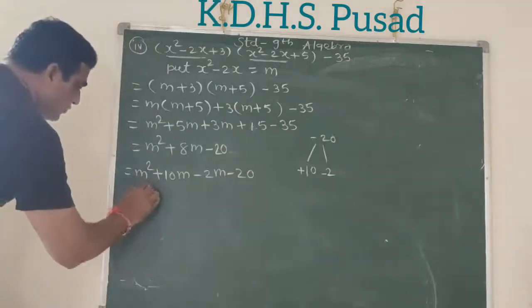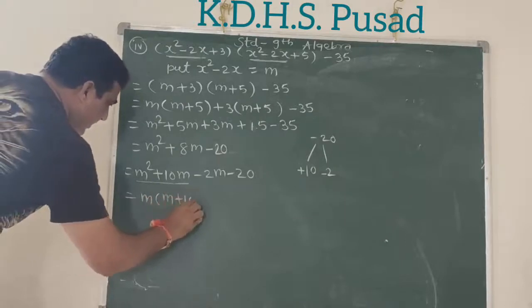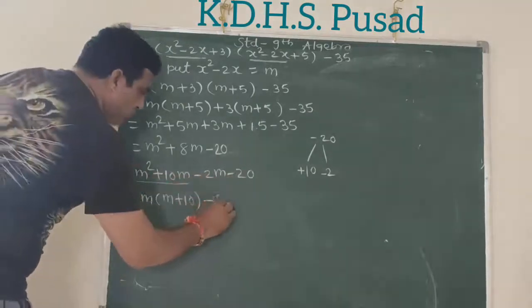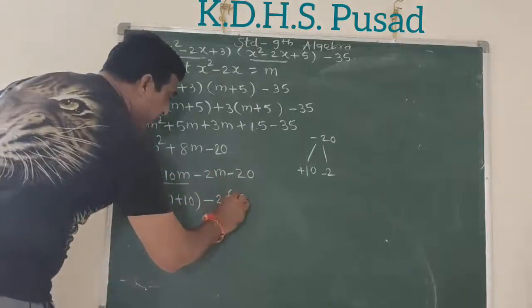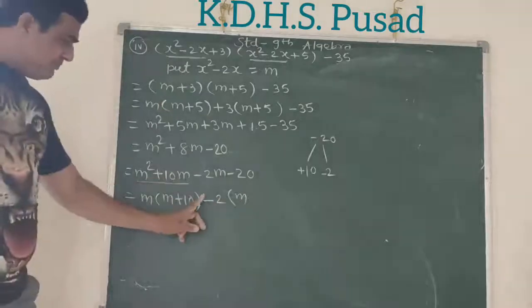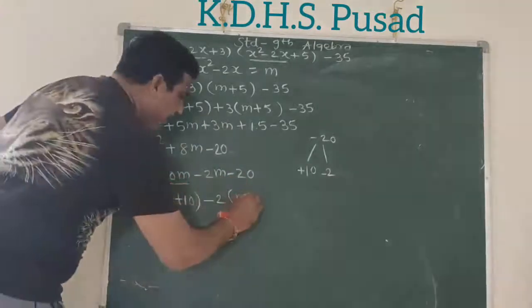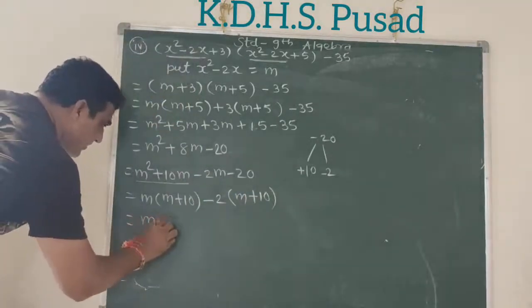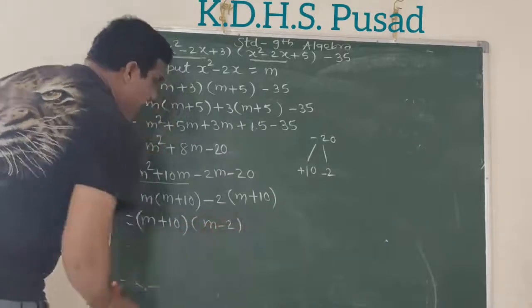Now from the first two, you can take only m common, m plus 10, then minus sign. 2 ones are 2, 2 tens are 20, so 2 common, that means you are taking minus 2 common. So divided by minus 2, there remains only m. Whenever we take minus sign out, change both the signs. And then here plus 10. So factors: m plus 10 in the first bracket, and then m minus 2 in the second bracket.